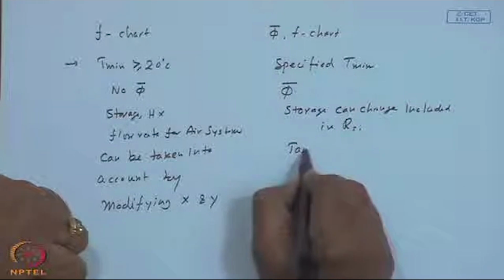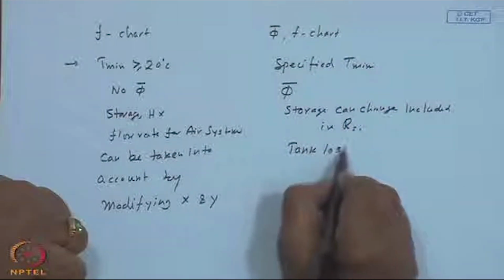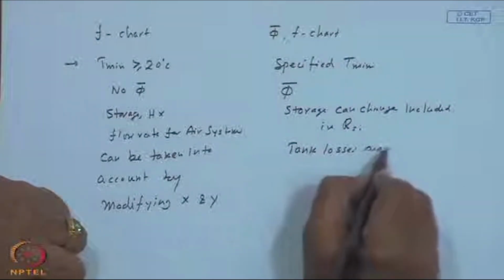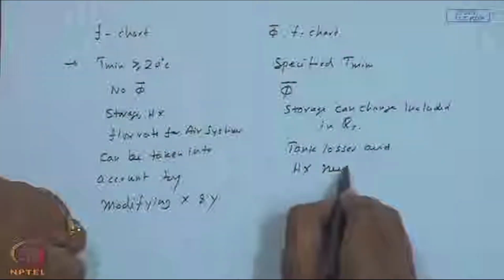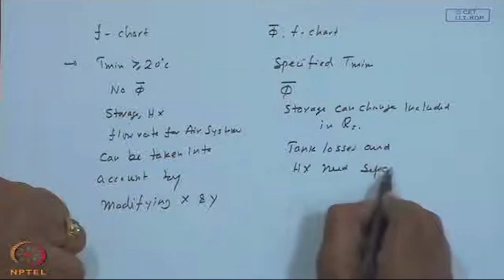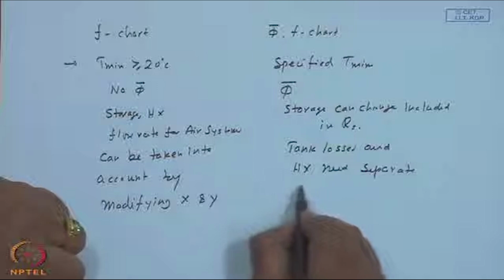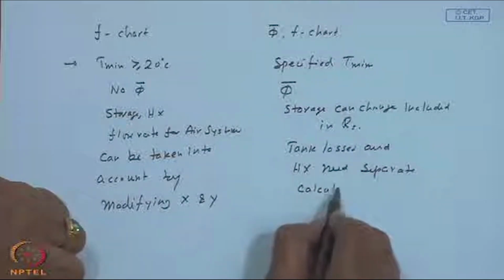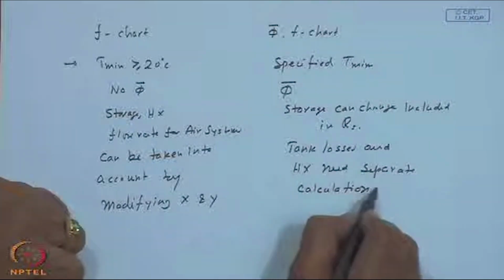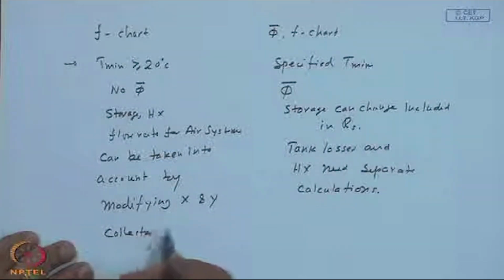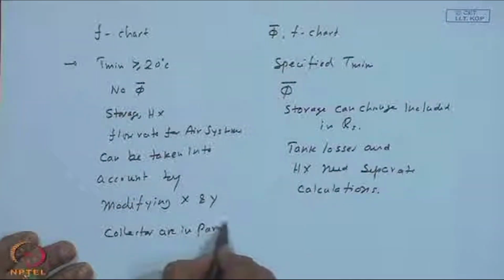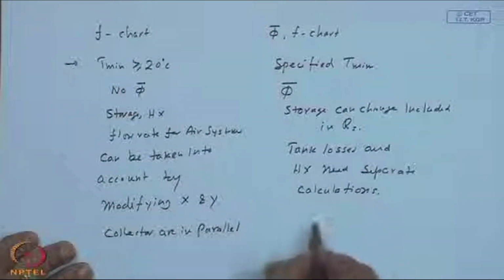Tank losses and heat exchanger need separate characterizations. In both the cases, collectors are in parallel. Here also.